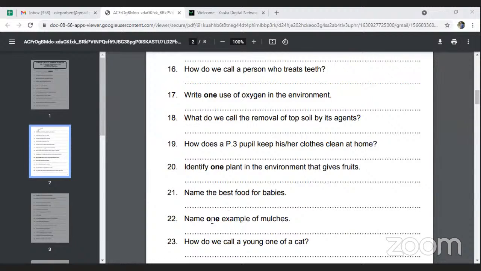Name any one example of mulches. One example of mulches by show of hands. Please wait for me to choose. One example of mulches. Asante. Spear grass. Come again. Spear grass. It must be dry, and usually we don't even specify.